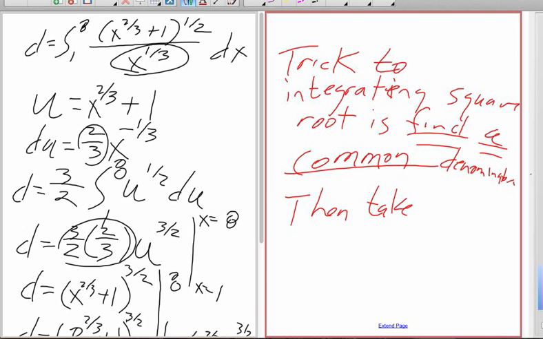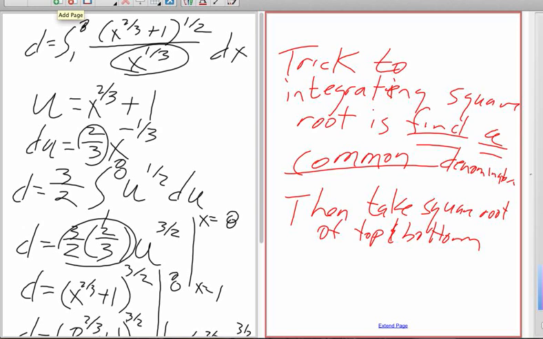Then take the square root of top and bottom. Now you want to look to see if you can either break this thing up or if you can get a u sub. Okay.